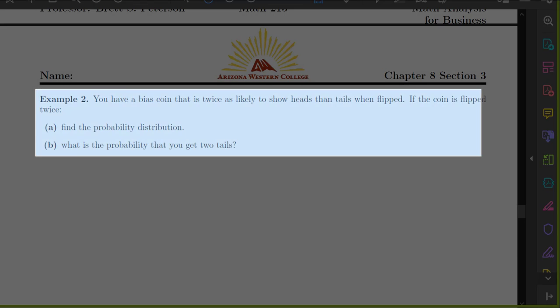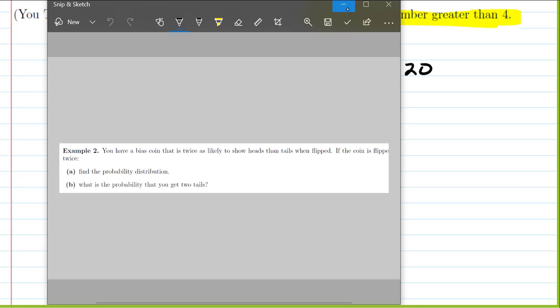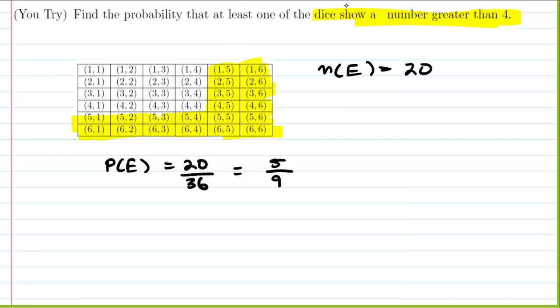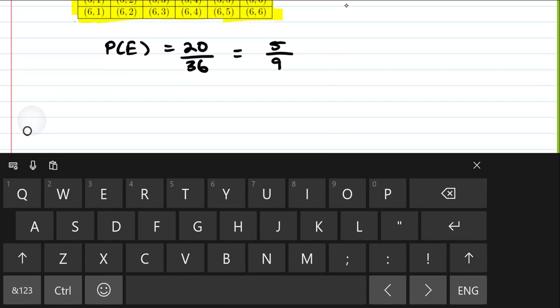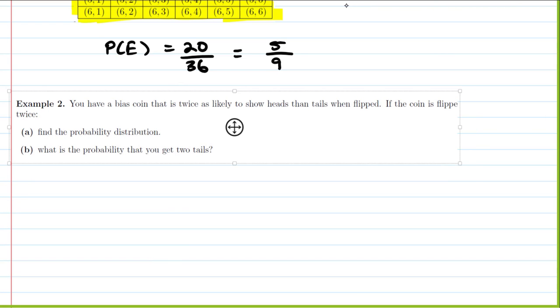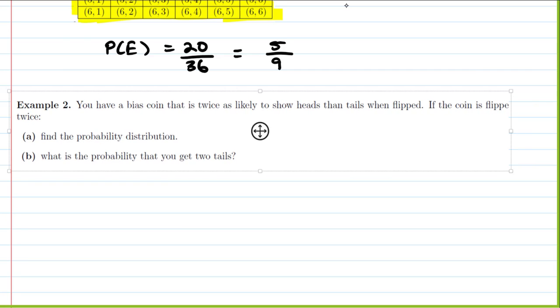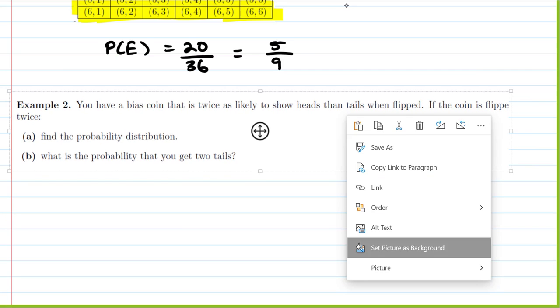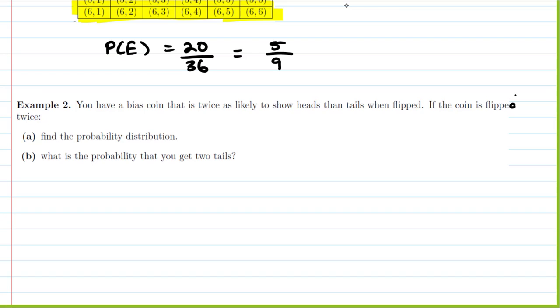So now, in our next example, we want to look at the following. So we have a biased coin. So normally, we would assume that a coin is fair. That means that it would be equally likely if I flipped that coin to get a head as that would be to get a tail. But in this case, that's not the case.